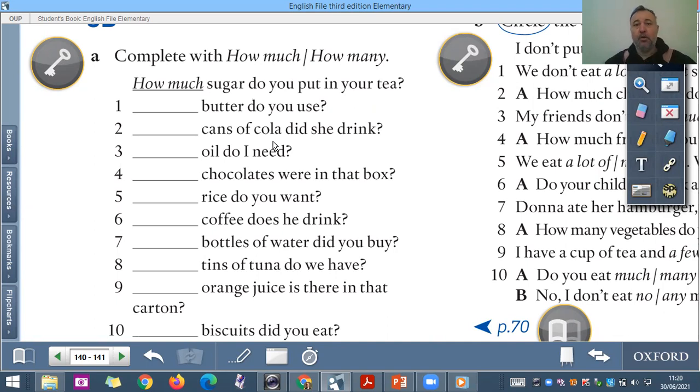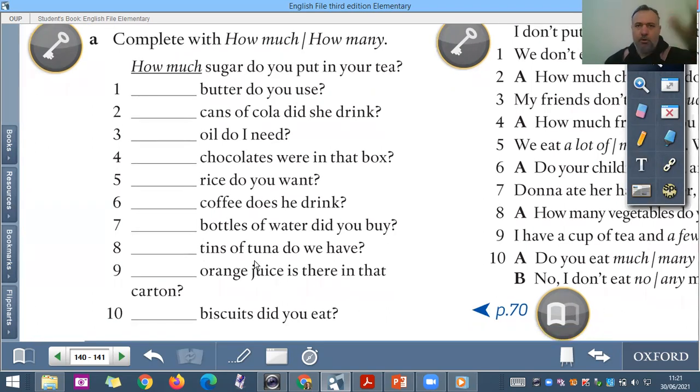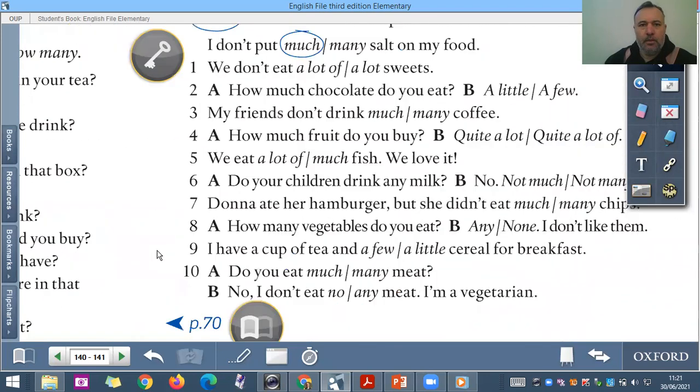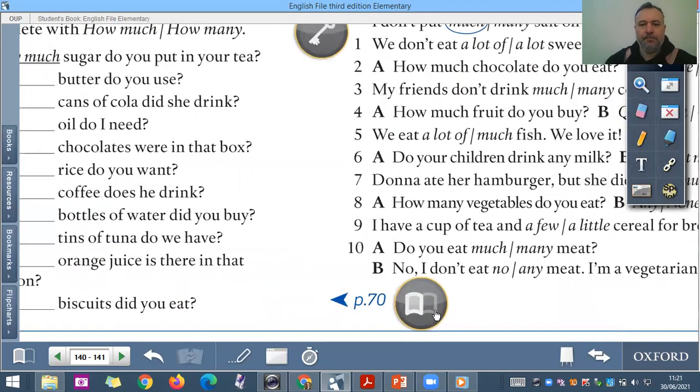Yes, you can. 1 can of cola, 2 cans of cola, etc. So this is countable. You say, how many? How many cans of cola does she drink? Right? So move on with the rest of the exercise and complete the questions. You can go to your own book if you want to. All right, let me go back to it.